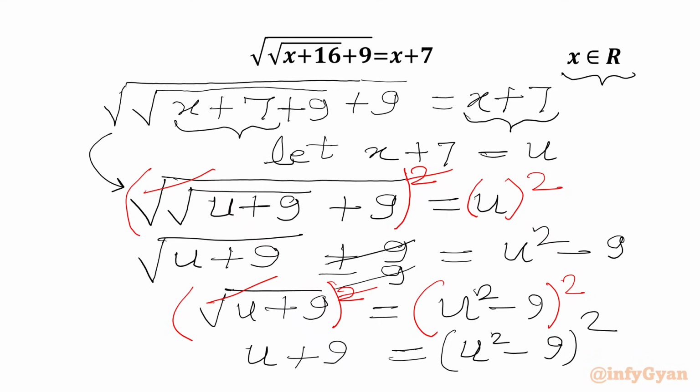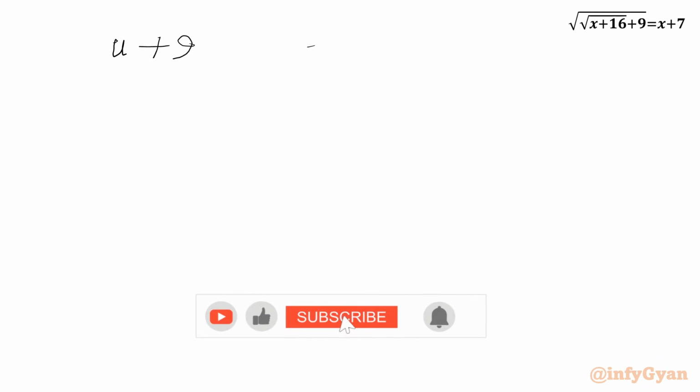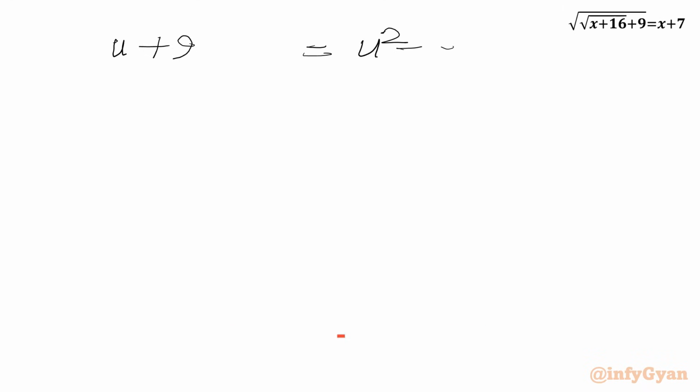Now we will use algebraic manipulation. Let me write the equation once: u plus 9 equal to u square minus 9 whole square. Now we are going to subtract u square from both the sides. So let me write minus u square.